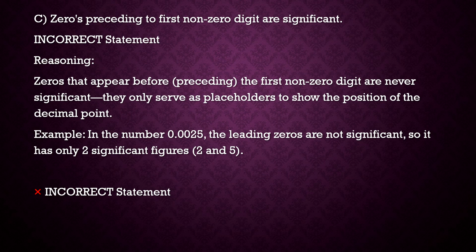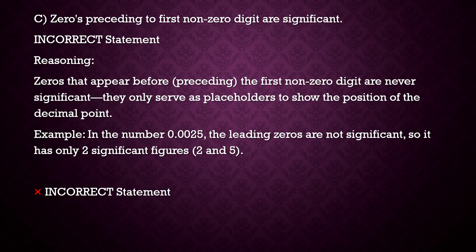So here only 2 and 5 are significant figures. The statement says that the leading zeros are also significant, so that is an incorrect statement. Previously we also got one incorrect statement.